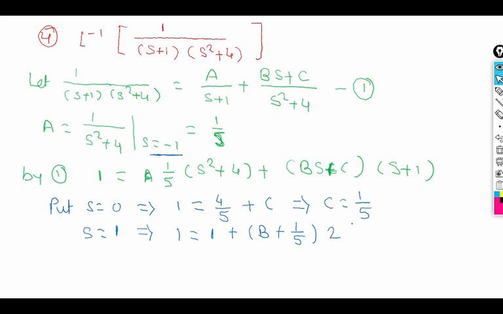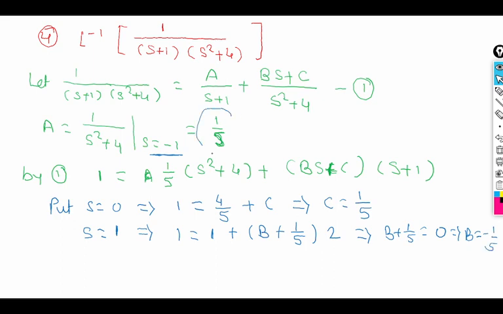That only we have to simplify. So this 1 gets cancelled. 1 minus 1 is 0. So B plus 1 by 5 is 0. The value of B is minus 1 by 5.